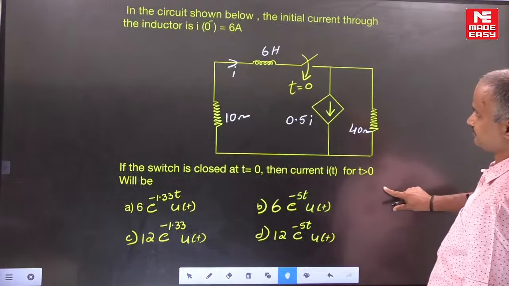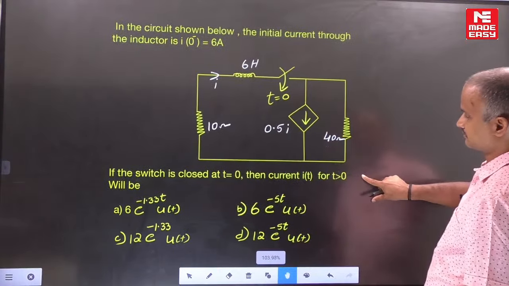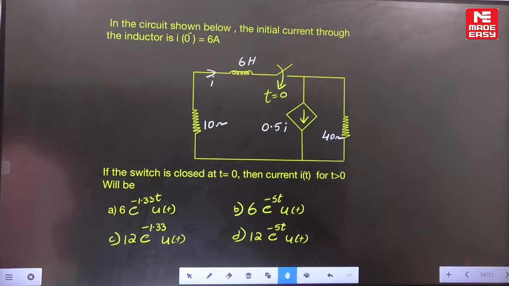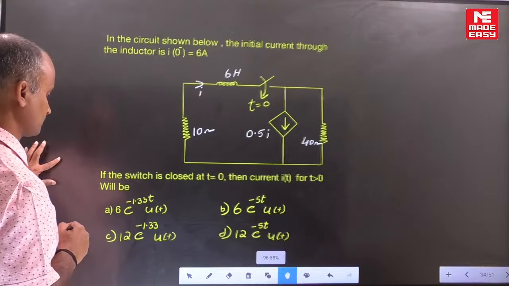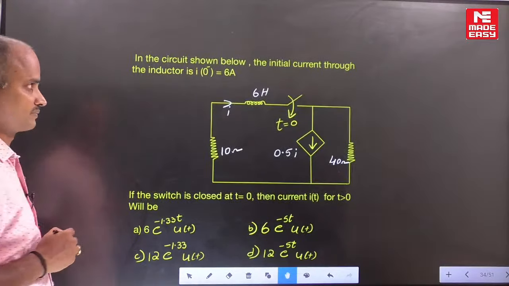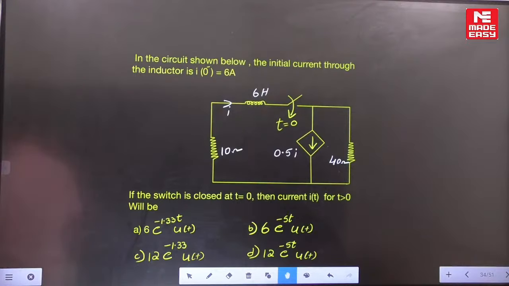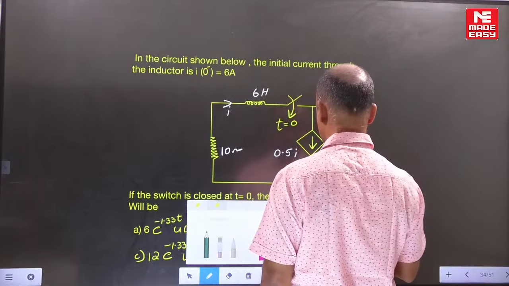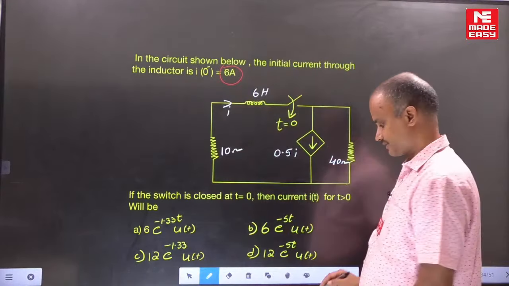Now write this question. In this given example, in the data itself, what is the initial current? 6 amperes.